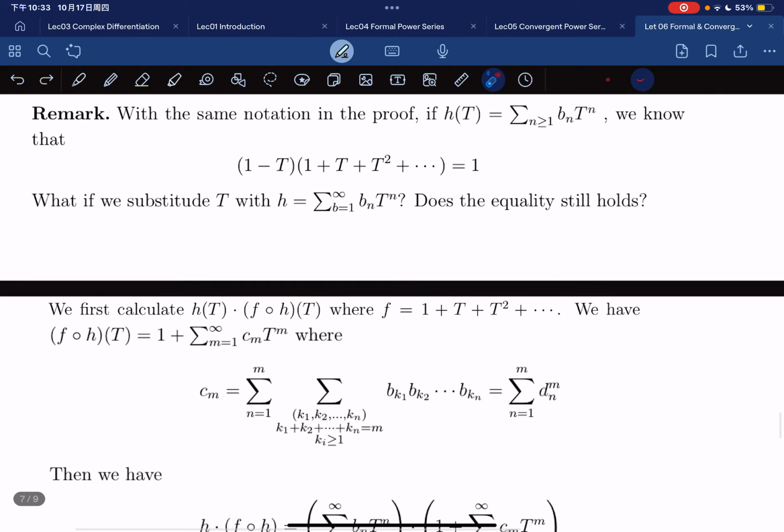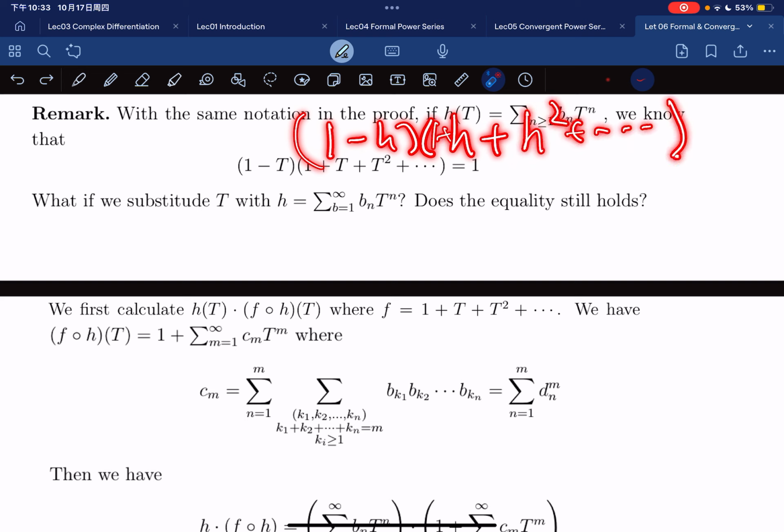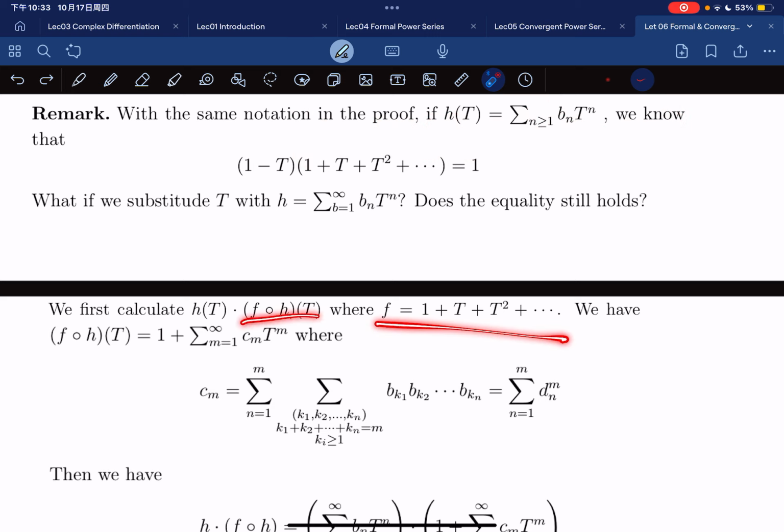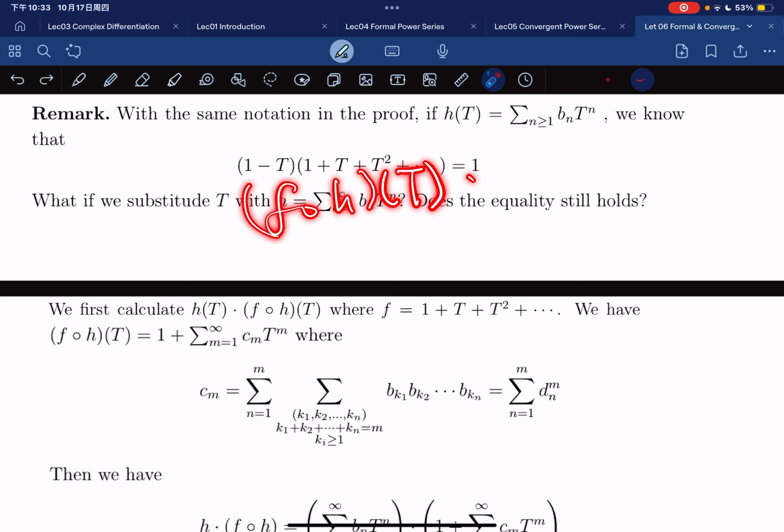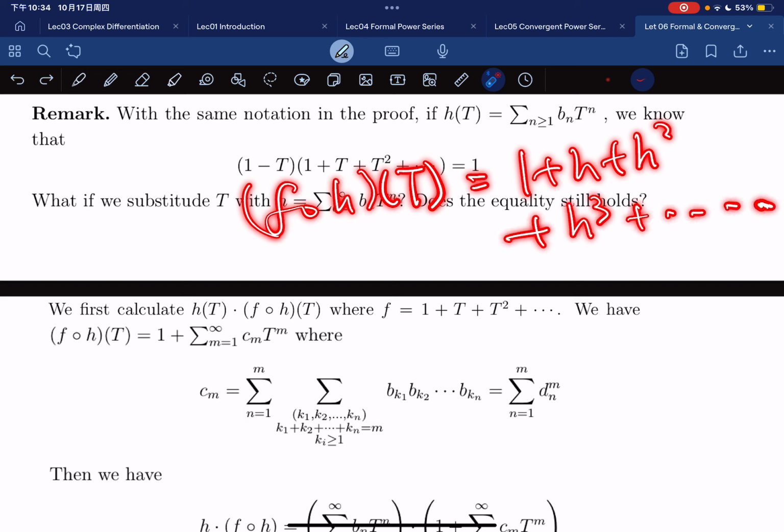So we first calculate. We want to compute 1 minus h times 1 plus h squared plus and so on, right? Where f is this, so f of h t is the power series 1 plus h squared plus h cubed plus dot dot dot. This is f of ht.